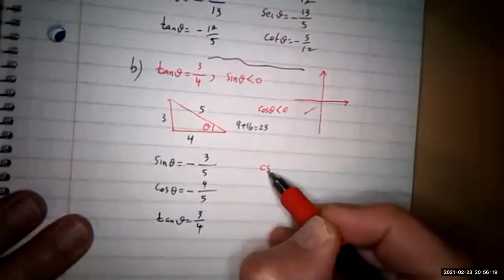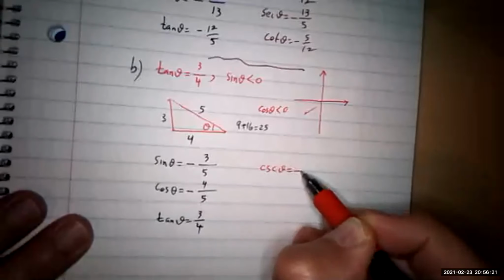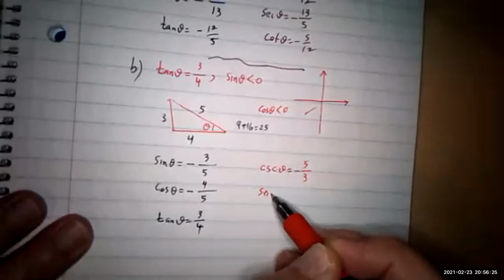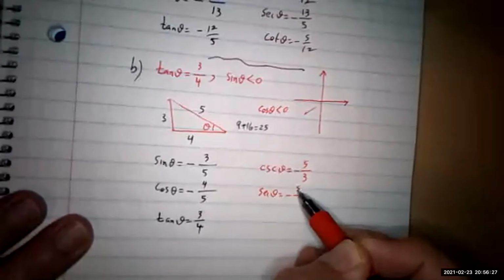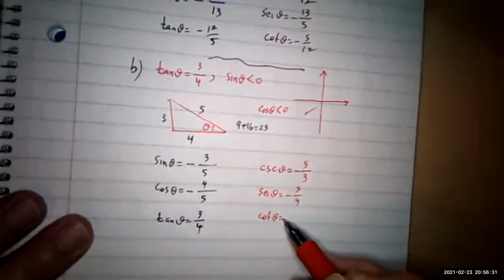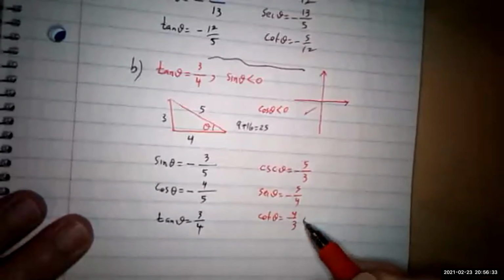Use the reciprocals to get the others. Cosecant of theta is negative 5/3. Secant of theta is negative 5/4. And the cotangent of theta is 4/3. And then you're done.